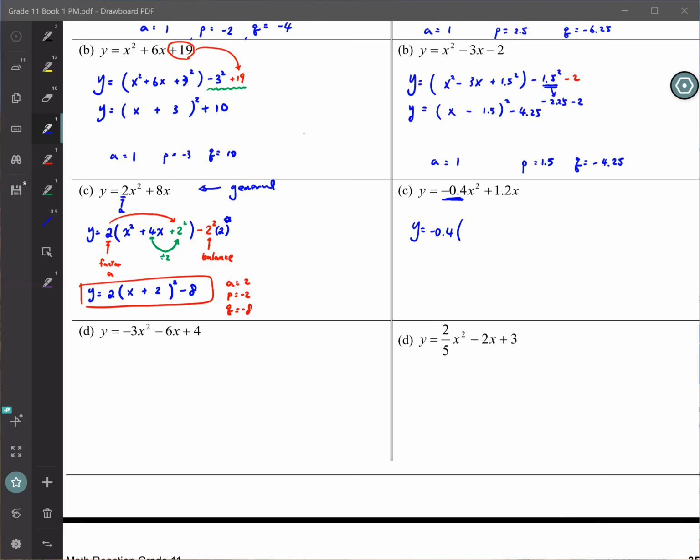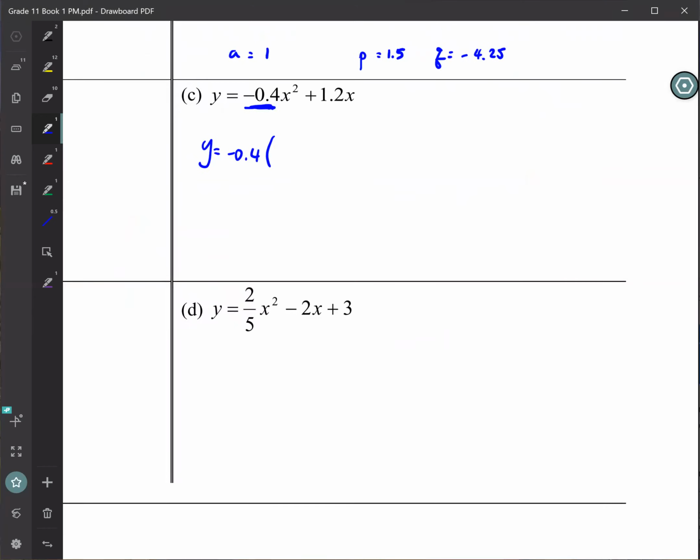Anyone has trouble so far? Factor the negative 0.4 means you divide by negative 0.4.